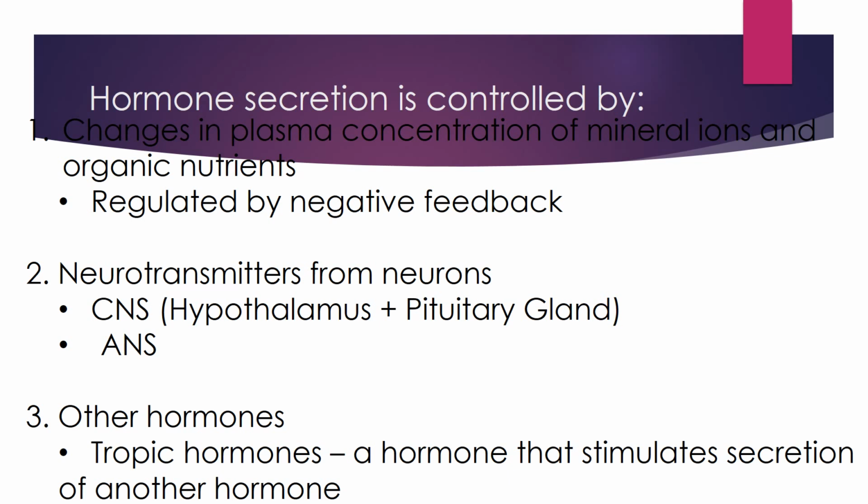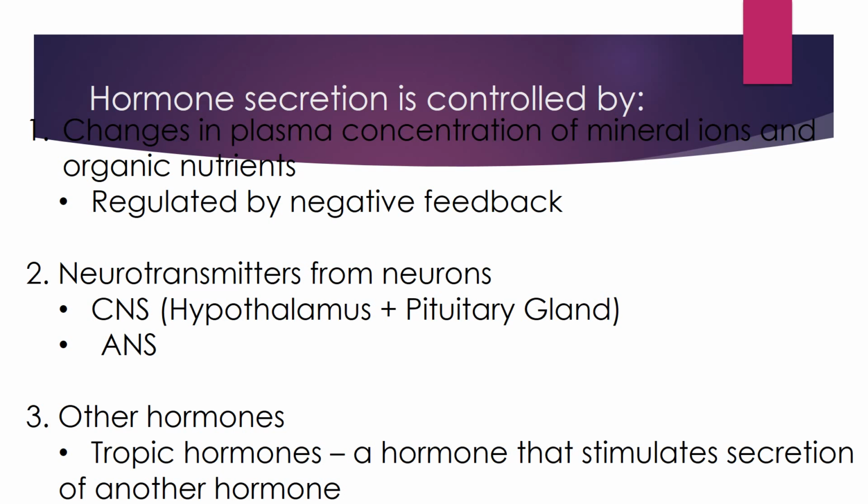So other things that will affect it too include neurotransmitters, where we have this neuroendocrine response. And so particularly within the central nervous system, the hypothalamus has a great influence, as well as the pituitary gland, on the amount of hormone secretion, as well as with the autonomic nervous system, which is primarily from the adrenal medulla found within the kidneys.